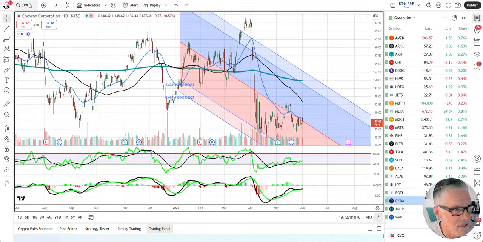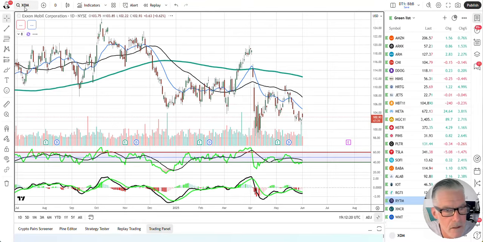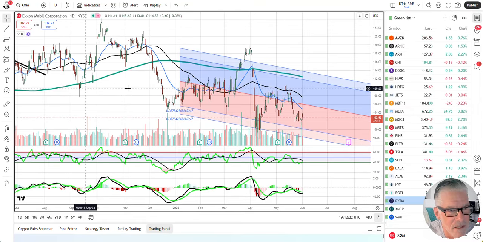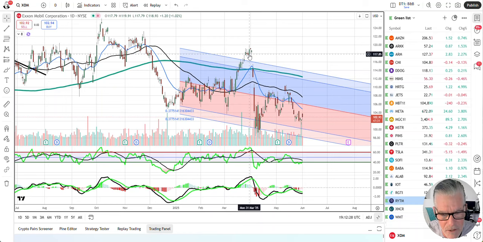What does ExxonMobil look like? This is the biggest. Yeah, it also got slammed, and it was not as strong as Chevron. So Chevron has a better looking chart, from 52-week highs to 52-week lows in about a week. That just doesn't happen. Now we're seeing a higher low in XOM.